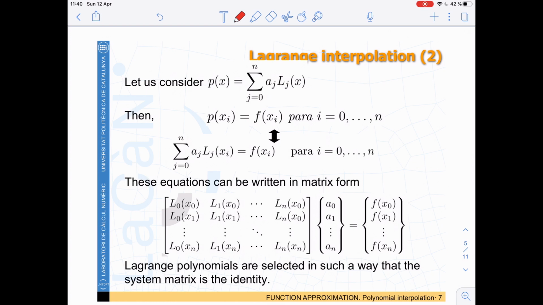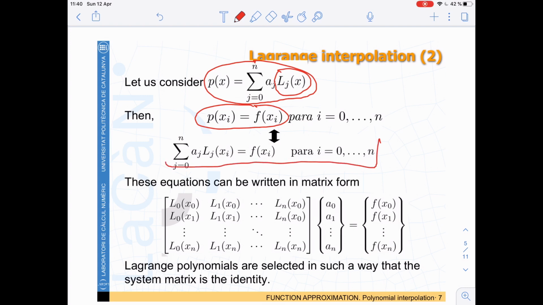So what we do in Lagrange interpolation is express the interpolating polynomial as a linear combination of polynomials Lj(x), those are the Lagrange polynomials to be determined. Then, when we again impose the interpolating condition, we end up with a linear system of equations that can be expressed in matrix form.